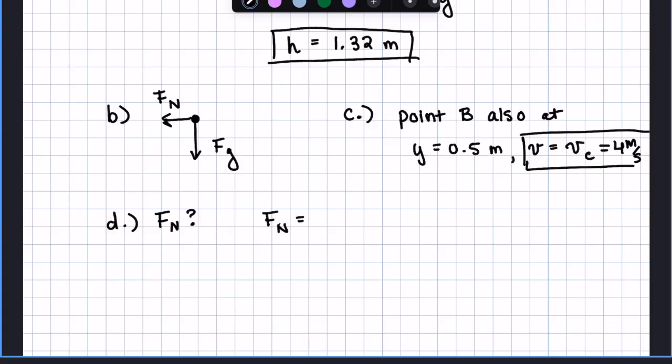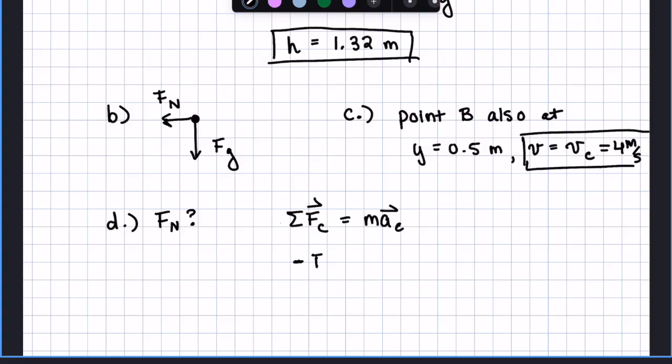So in that regard, if I'm starting really from first principles, the sum of all forces acting along that centripetal axis, or that radial axis, would be equal to mass times our centripetal acceleration. I'll put vector hats on these.